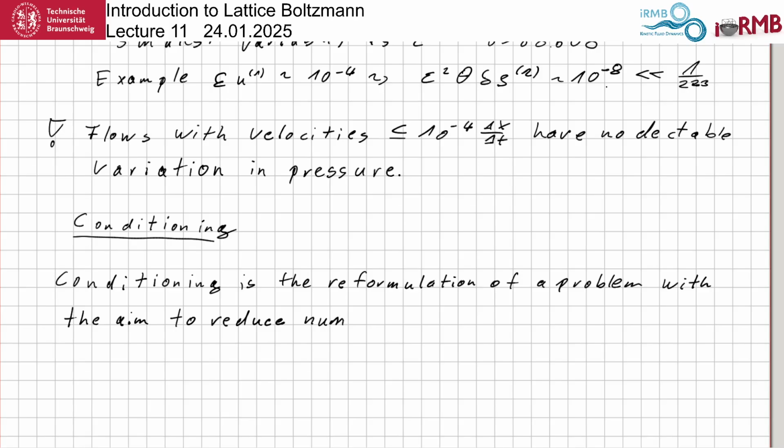Round-off errors, this is one way to describe this, numerical erosion due to rounding. I mean, the disappearance of information because you are using floating point numbers.